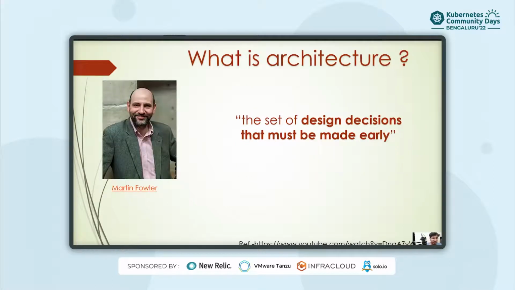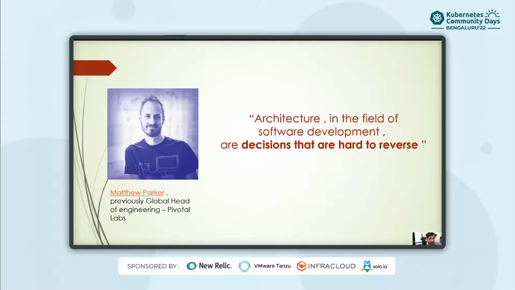This is a very good definition by Martin Fowler. He says architecture is a set of design decisions that must be made early. Coupled with that, there is a definition by Matthew Parker, who says architecture are decisions which are hard to reverse.